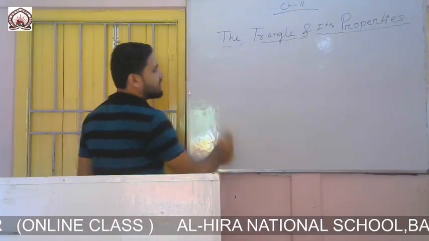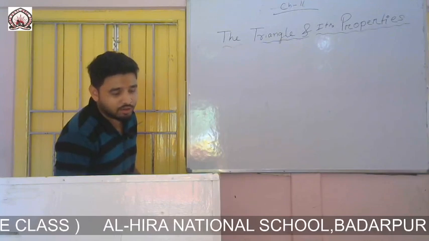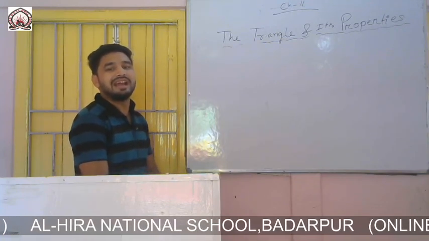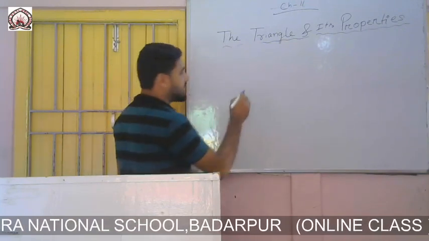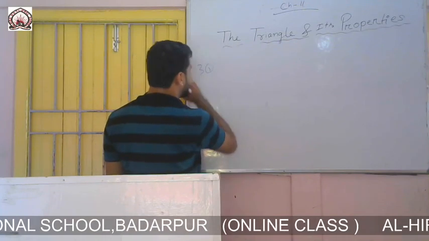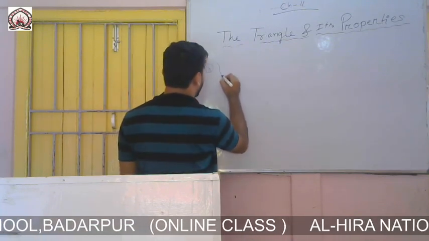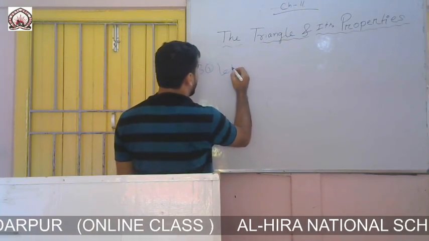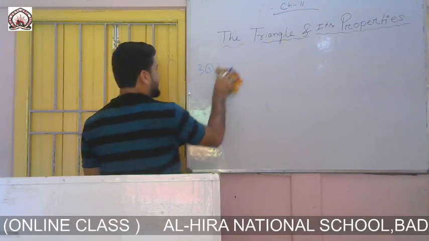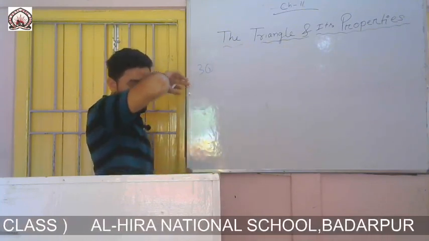We don't know the third angle, so we will let it be x. So number 1, you see, first you write: given, the two angles are, because two angles are already given.